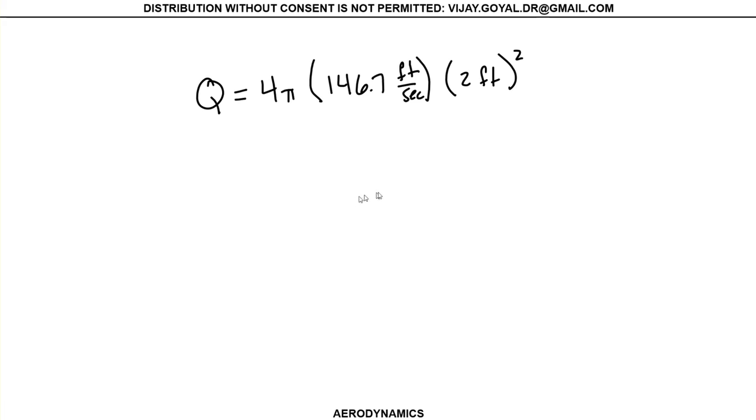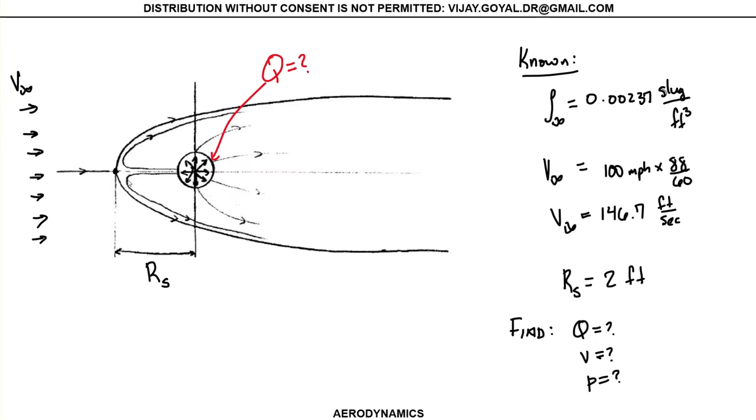You evaluate this whole thing and you find that Q is equal to 372 feet cubed per second. Okay, so this is your volumetric flow, the total volumetric flow in your problem. This is the strength of your source, such that the stagnation point will be located at this distance.